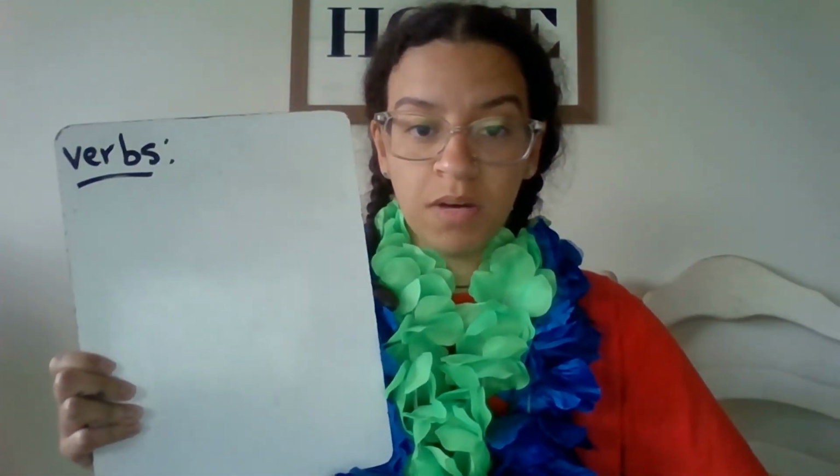So today, when we read our passage, I want you to identify the verbs, both action and being verbs, in the passage. Alrighty. So the passage, oh wait, before we even do that, make sure you set up your slate. You have verbs.